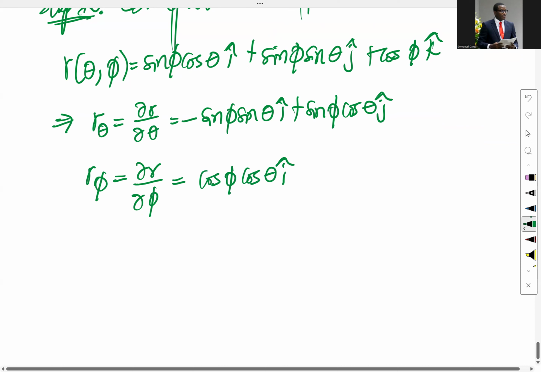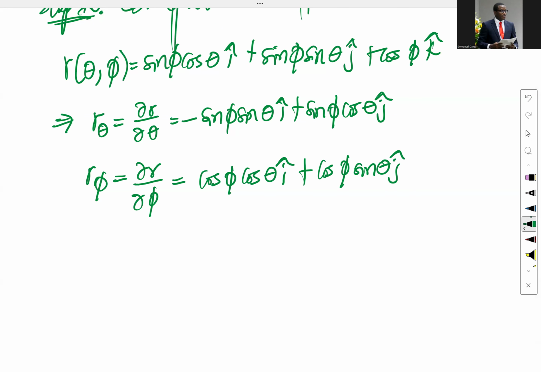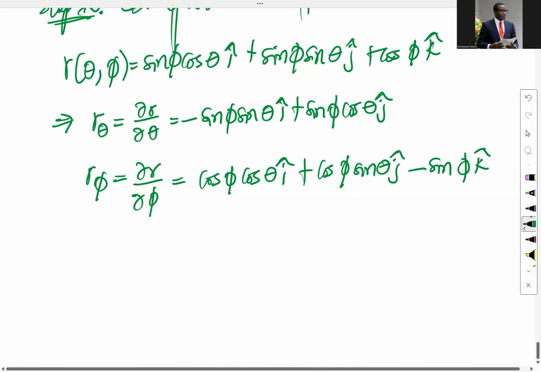Then for the j term, differentiate sine phi with respect to phi, so we have plus cos phi sine theta j. Then differentiate cos phi, you get minus sine phi in the direction of k. So those are the partial derivatives.